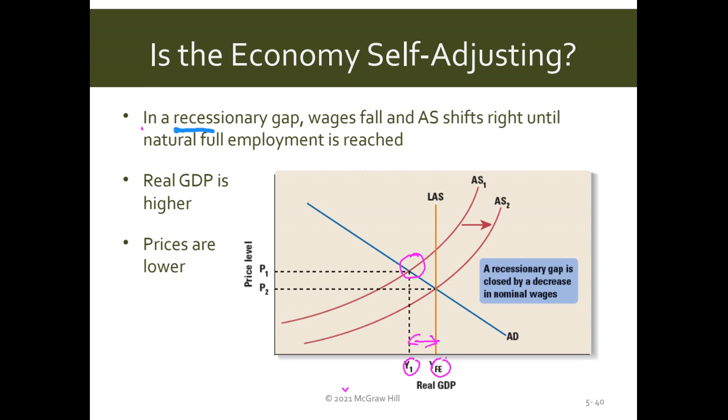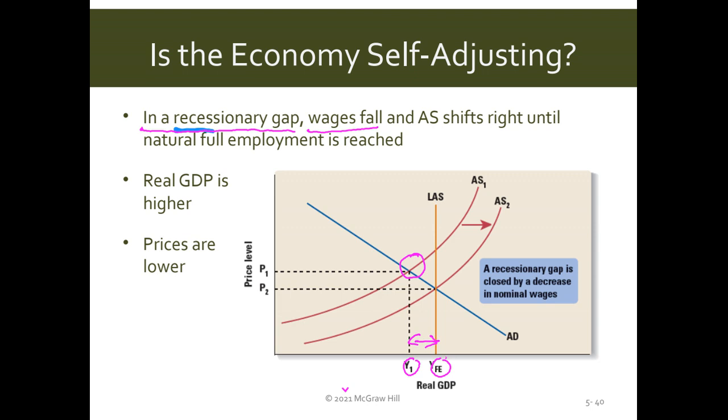Now, according to this self-adjustment process, whenever you have recession in the country, there's huge unemployment. What would happen? Workers are willing to work at a lower wage rate. So wages fall. And of course, it will be profitable for producers to hire them, and therefore they are enticed to hire them, and aggregate supply shifts right.